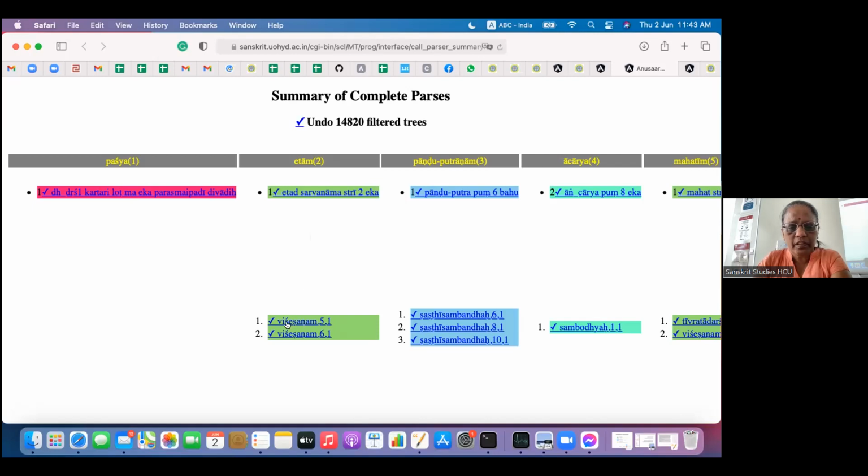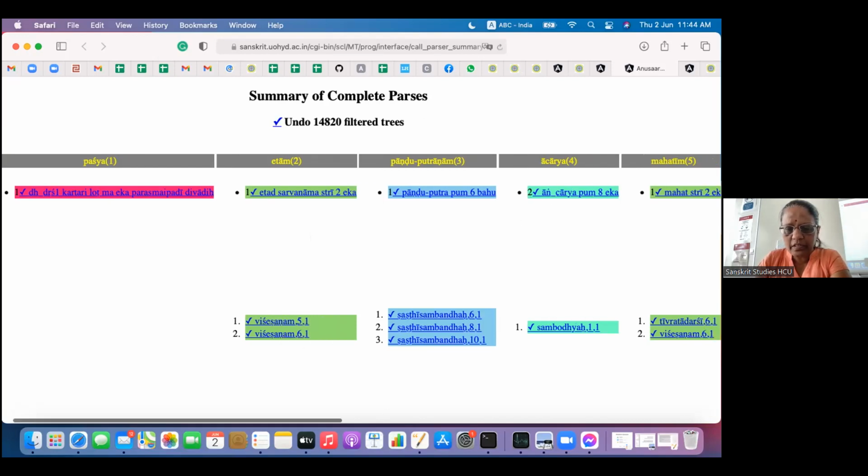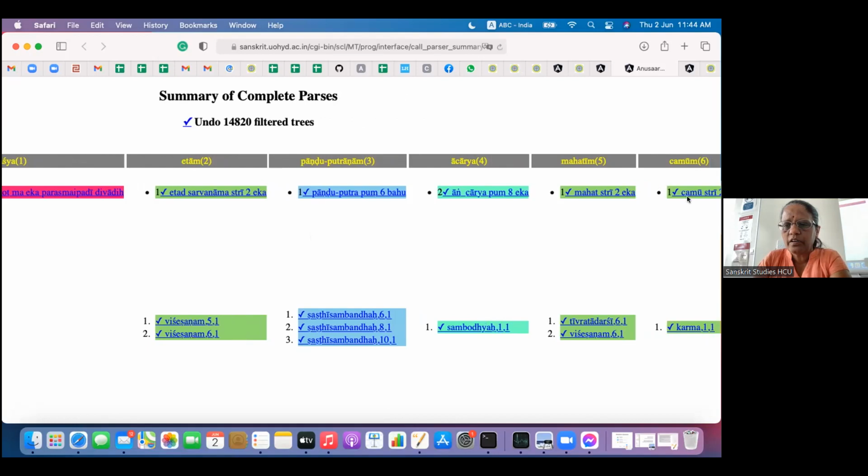Etam is a Visheshana, that is adjective, not for Mahatim, but it is an adjective for Chamu, which is the army. So I select this. So total 14,000 filtered trees. I select this, the number of trees will be reduced.